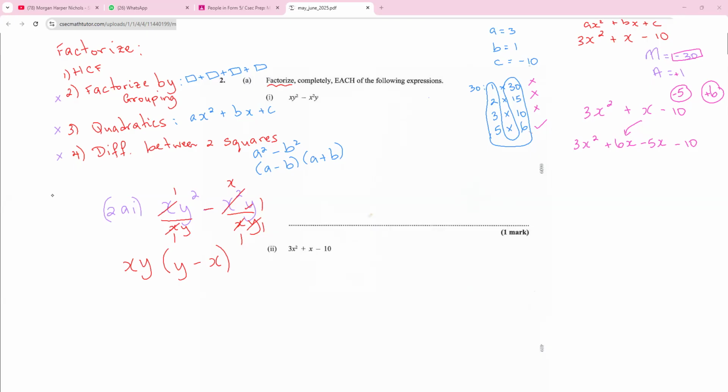So after that, you'll notice we have 4 terms. We're going to factorize by grouping. So you're going to pair up.